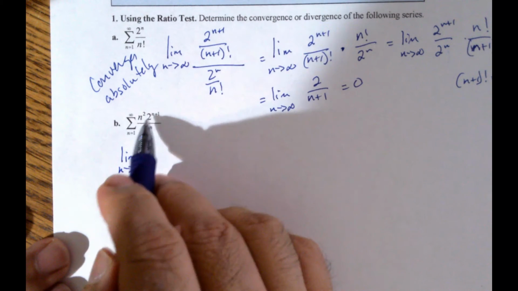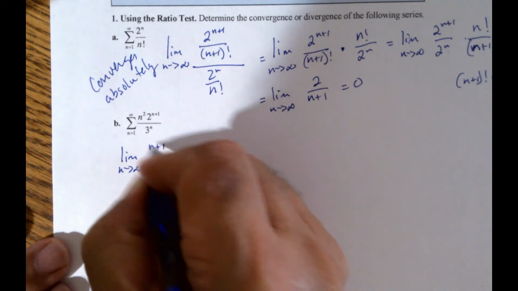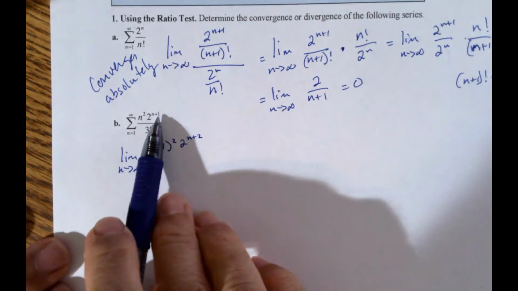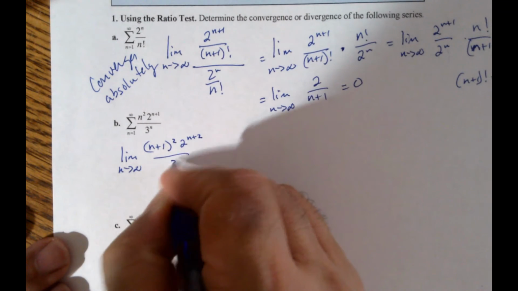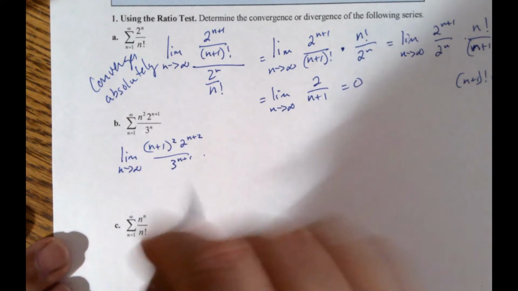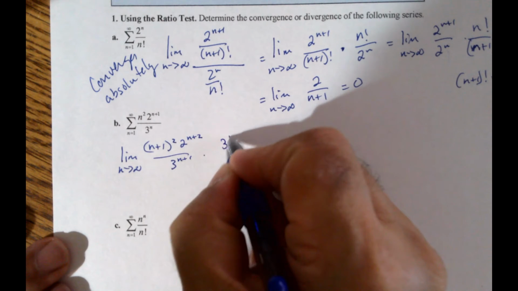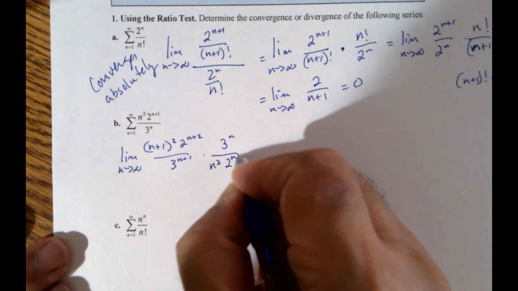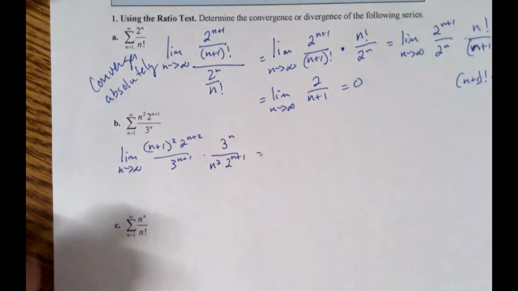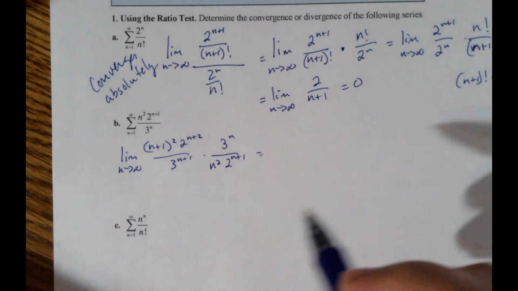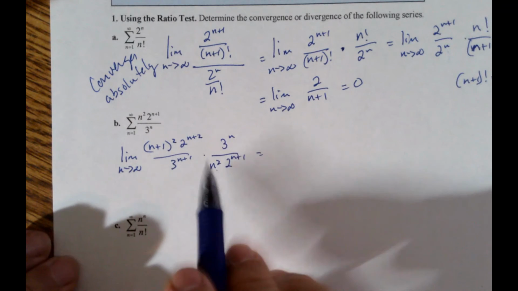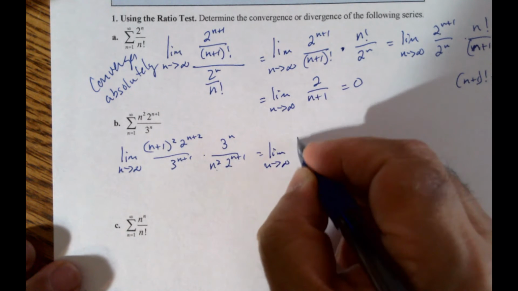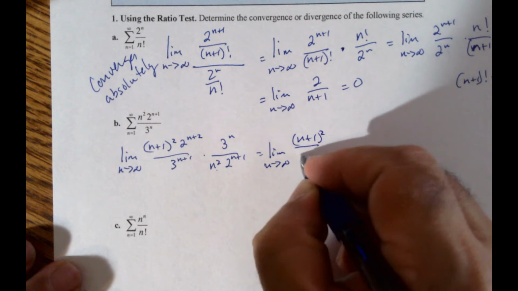So plug in the n plus 1 first, so it's n plus 1 squared, 2 to the n plus 2, because it's n plus 1, over 3 to the n plus 1, times the reciprocal, so that's going to be 3 to the n, over n squared, and 2 to the n plus 1. Let's do some algebra here. So it's n plus 1 squared over n squared.